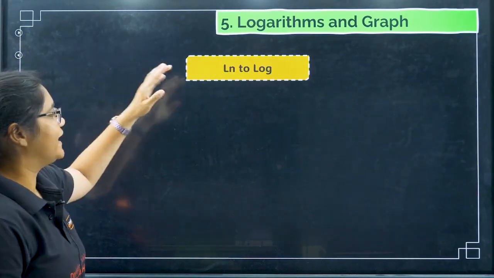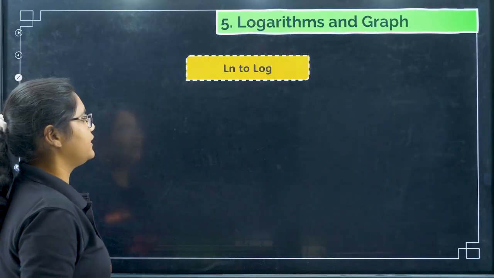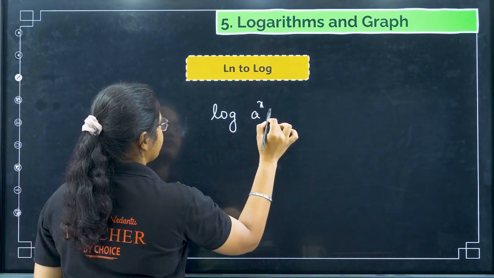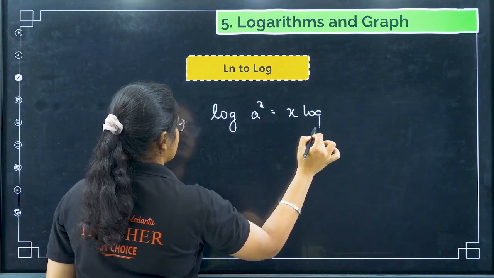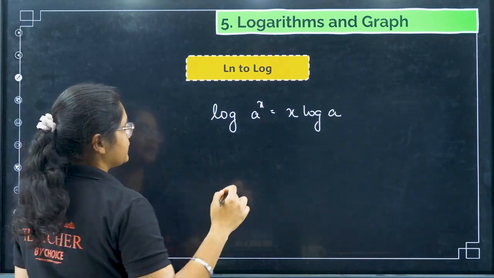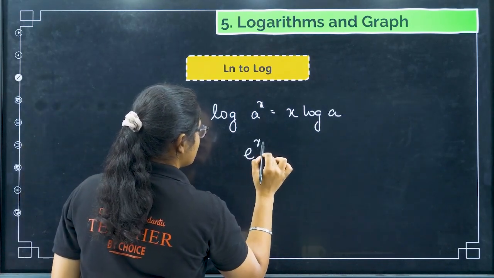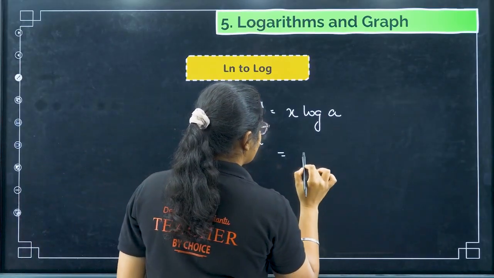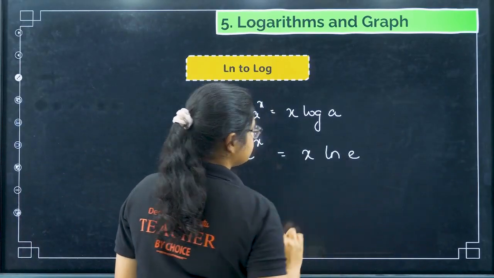Now we will tell you ln to log. So generally, as I said, log of a to the power of x is x log a. Similarly, there is another exponential term, that is e to the power of x. If you take ln of e to the power of x, that is x ln e.